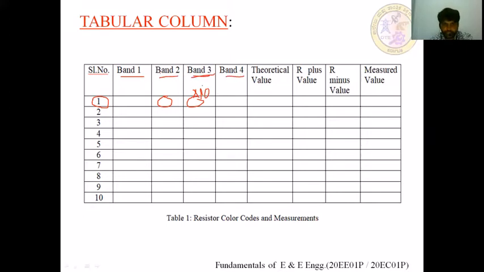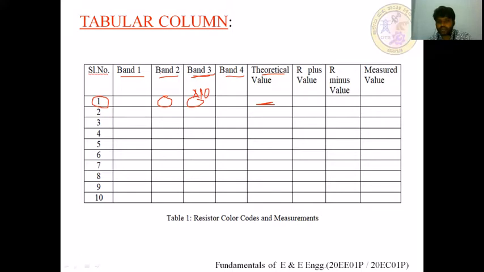Band 3 is nothing but the multiplier. Next, the theoretical value. Once we write down the values of band 1 to band 4, we get the theoretical value of the resistor.